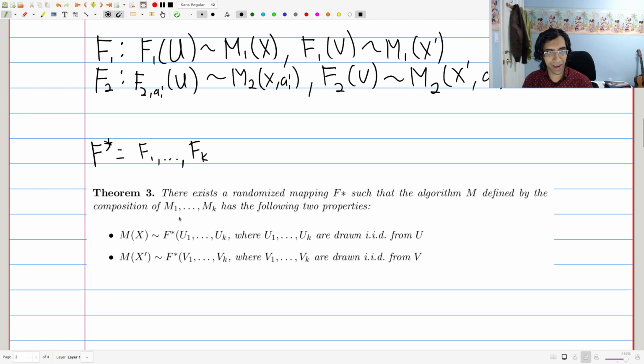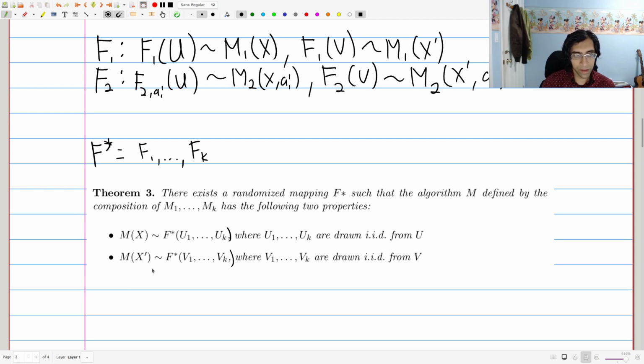One is that the distributions are the same: if you wanted to sample according to M of x, which runs all the different algorithms, then this is the same as applying this function f star that we explicitly constructed on a sequence of random variables drawn IID according to u.